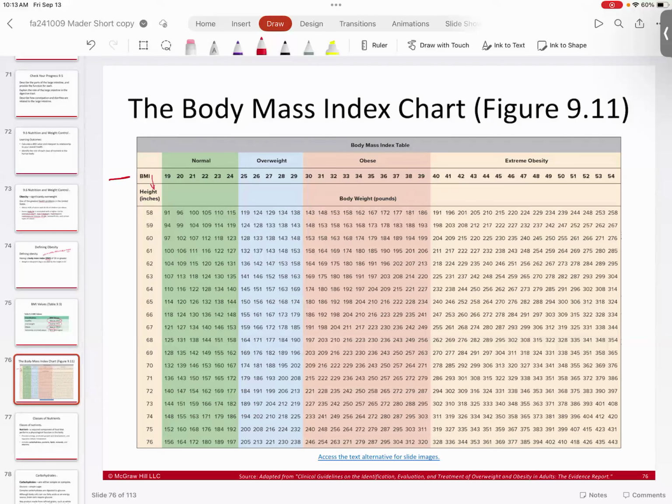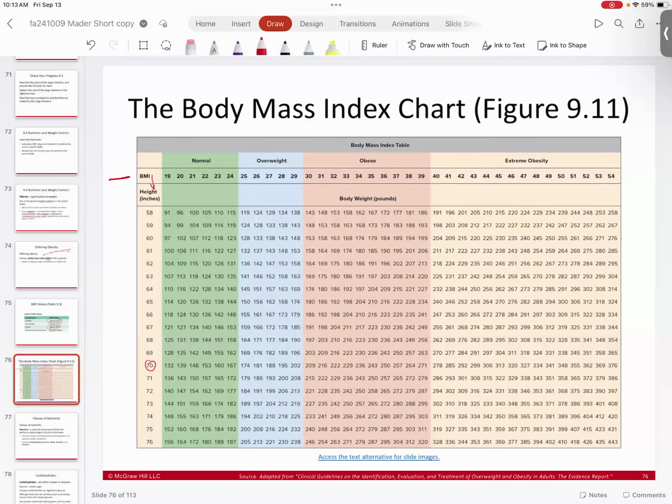So I am about 5'10", and I'll do mine just to show you how this looks. So basically 6 foot is 72 inches, so I'm around 70 inches. That's my height. Now, my weight in pounds is about, let's say, 170, right?